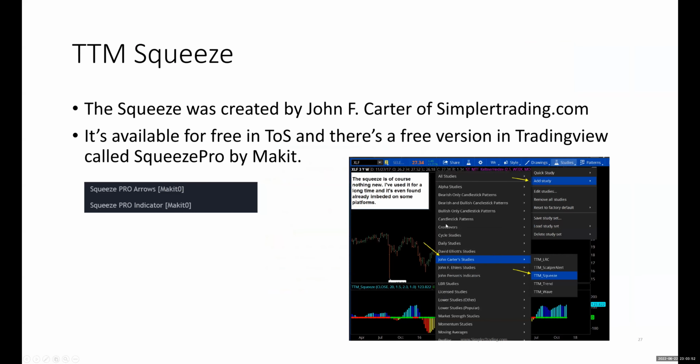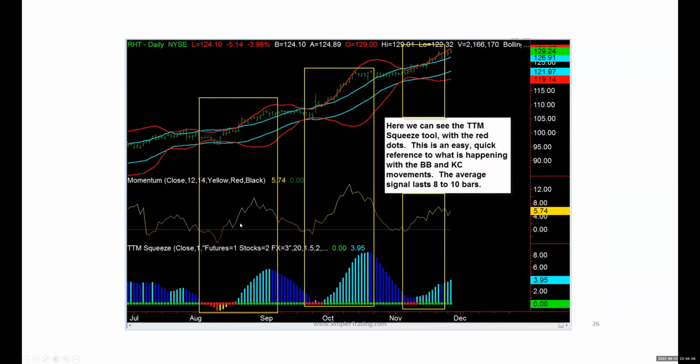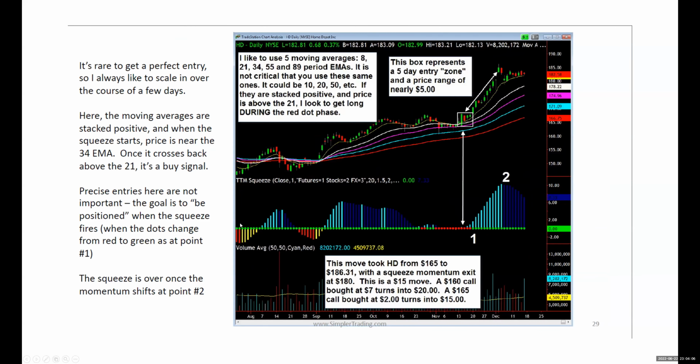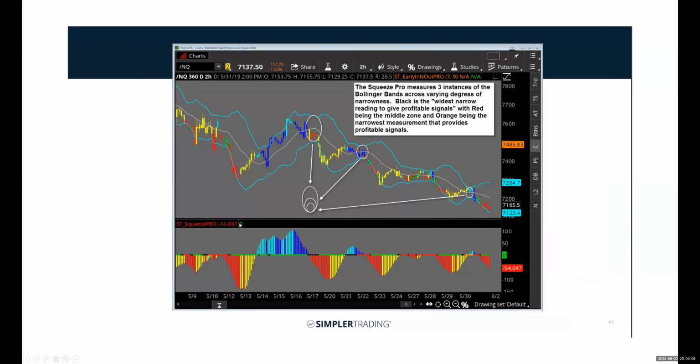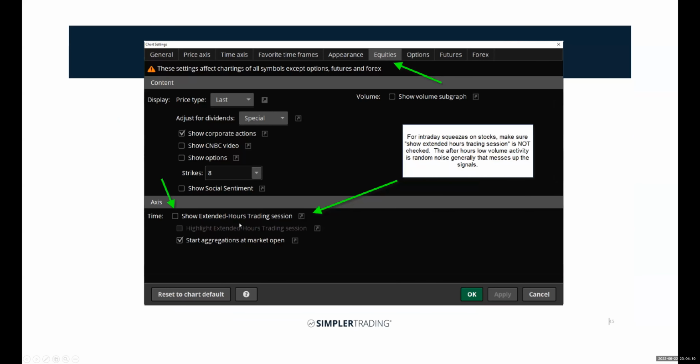Here we go. So this is where you would find it in TOS, right? So add study, John Carter studies, TTM Squeeze. For Trading View, that's where you would find it by Mac at 0. And then there was a slide here. So in equities, in your settings, if you're trading equities, you want extended hours to be off.